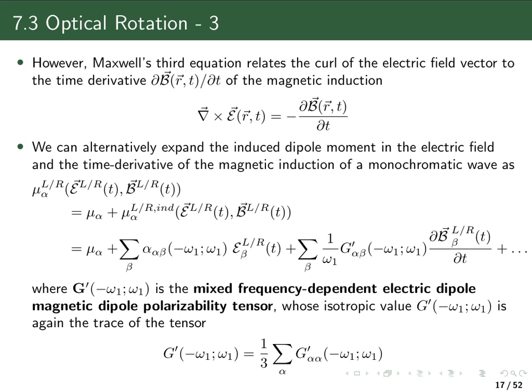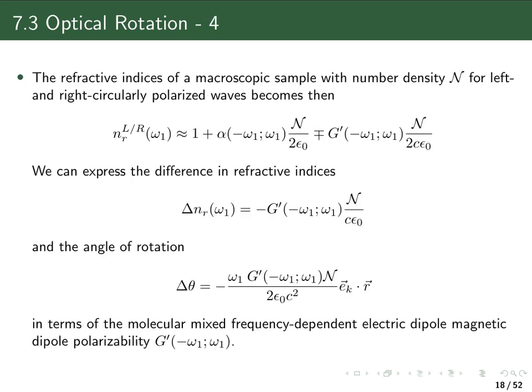With this expansion now, we can then look at the refractive index of a microscopic sample of nonpolar molecules, where in addition to the polarizability term, which we already had in the section before, we get an additional contribution from this mixed electric magnetic dipole polarizability. And there's a difference in the sign depending on whether we look at the refractive index of the left or right circularly polarized light.